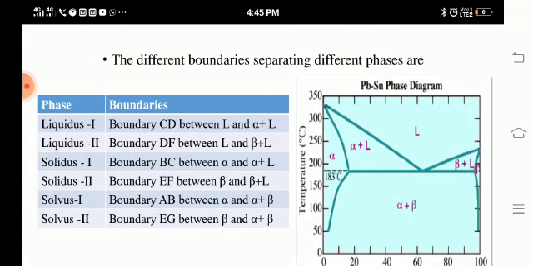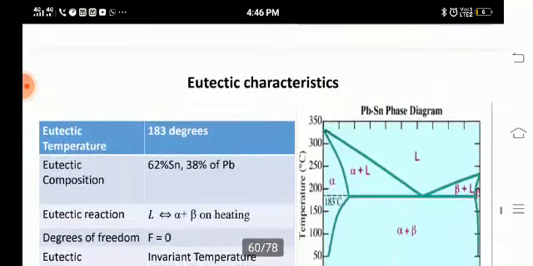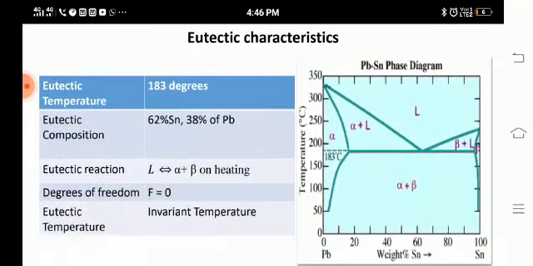Solvus 1 is the boundary AB between alpha and alpha plus beta, and solvus 2 is EG between beta and alpha plus beta. Now we'll see the eutectic characteristics.